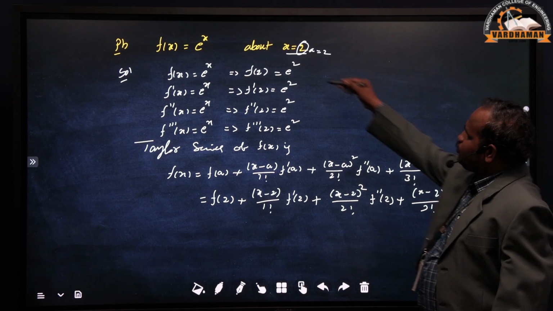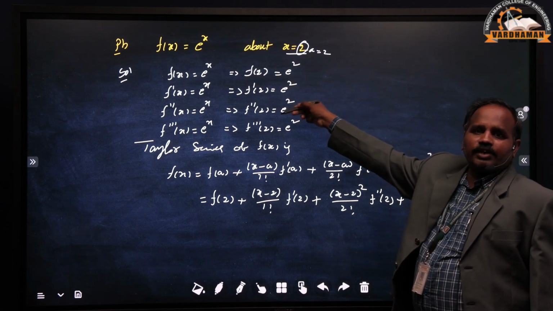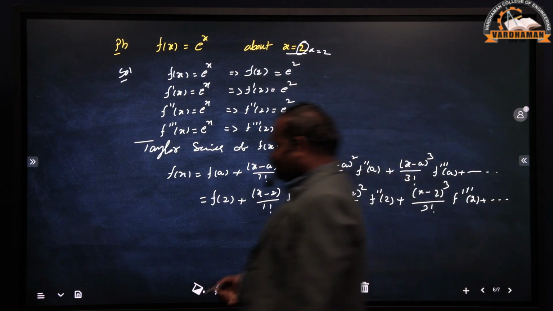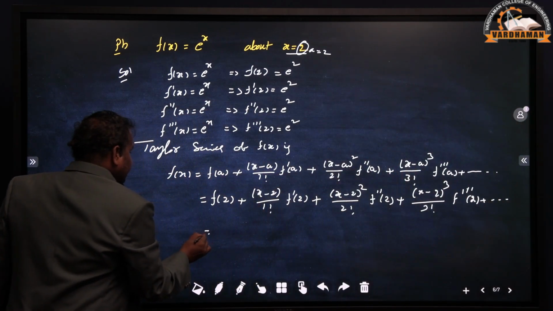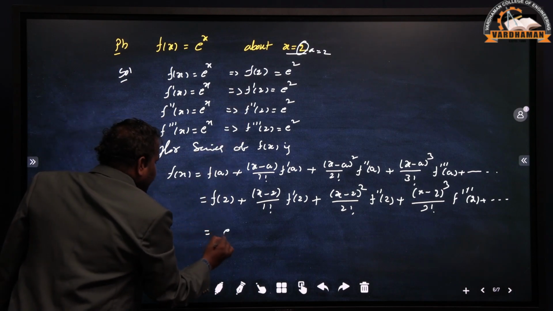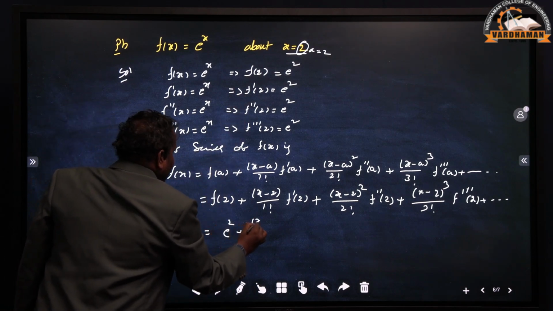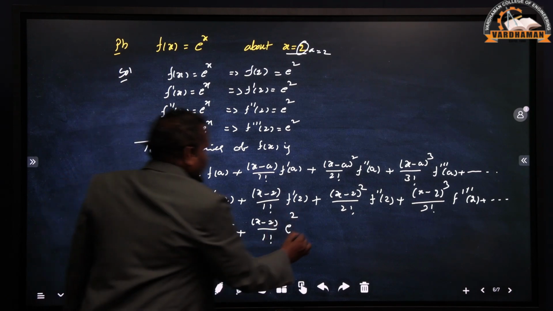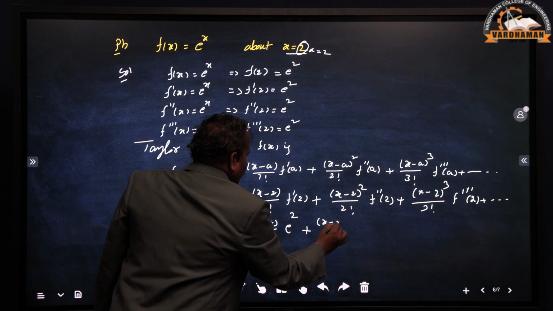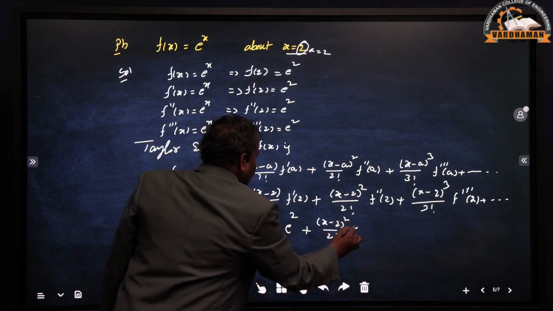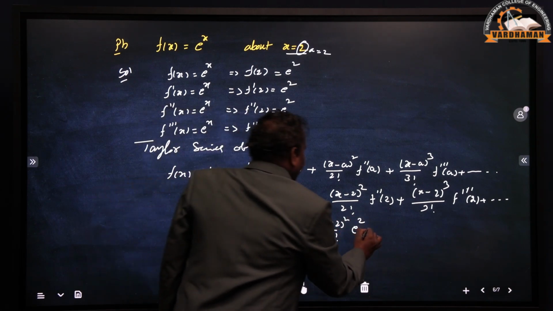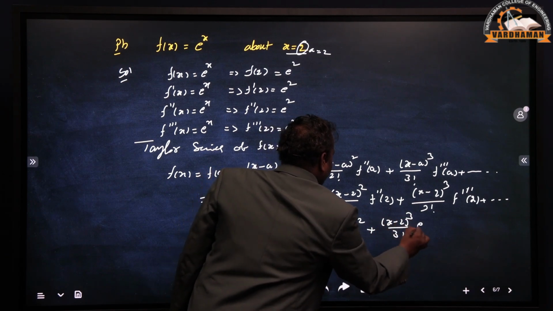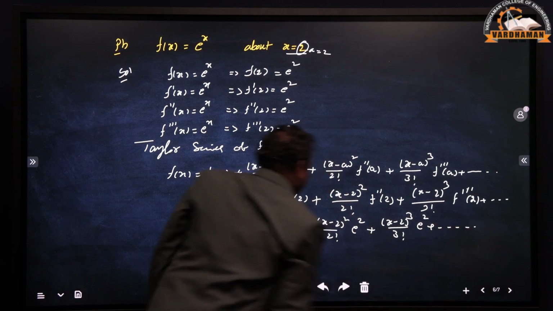Already we have the values of f of 2, f dash of 2, f double dash, f triple dash. Substitute all these values in the formula. Then this formula changes as f of 2 value e square plus (x minus 2) by 1 factorial into e square plus (x minus 2) whole square by 2 factorial, f double dash is also e square, plus (x minus 2) whole cube by 3 factorial, f triple dash of 2 e square plus and so on.